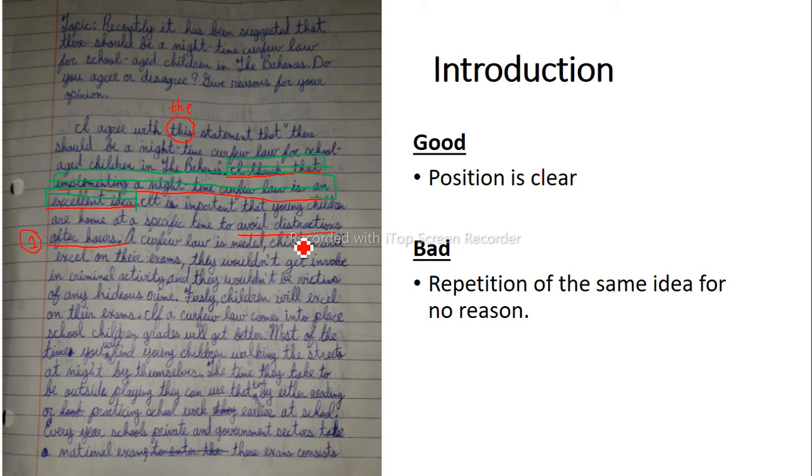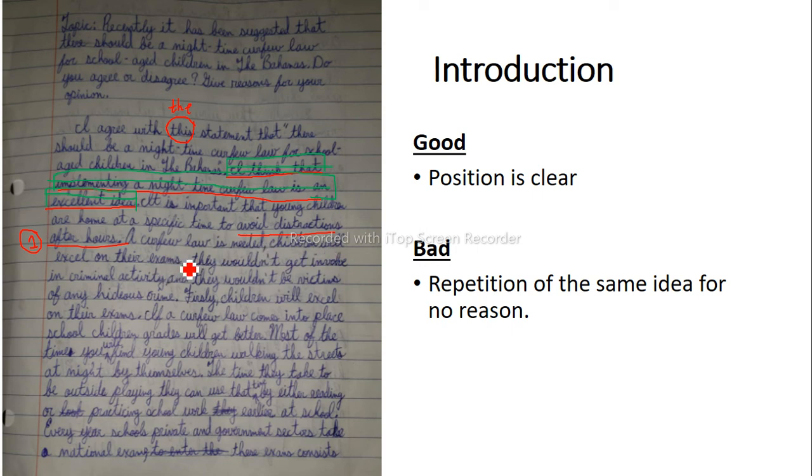What is the problem here? This is a big problem with this one. It isn't like a fact. I'm not hitting you with the fact, I'm just hitting you with grammar right there. "A curfew law is needed.